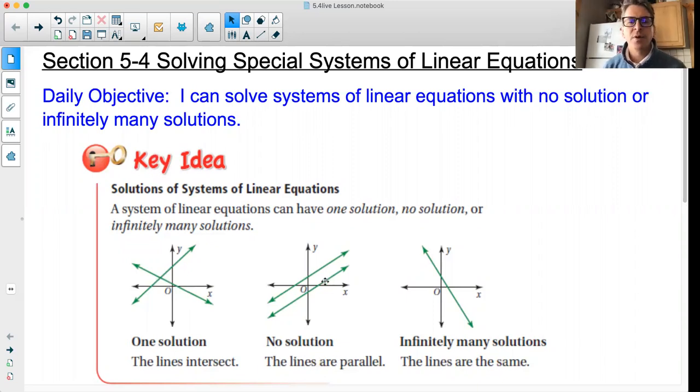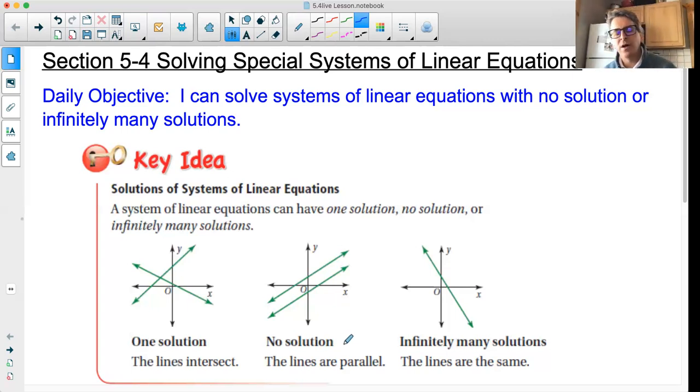If they're parallel lines, they are considered no solution, so they never touch each other. Two parallel lines have the same slopes. Remember that: if the lines are parallel with the same slopes, we have no solution.